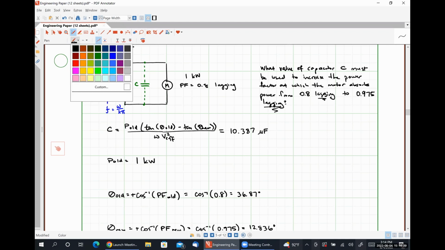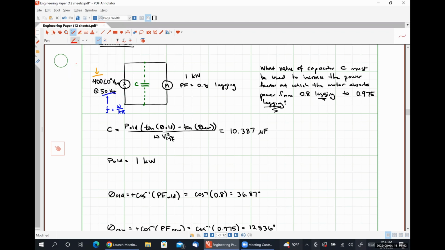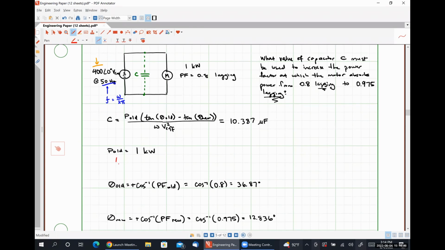So I'm just going to write some little hint type things down here to help you guys recall what these things are. So P old is the average power absorbed by the system before and after power factor correction.